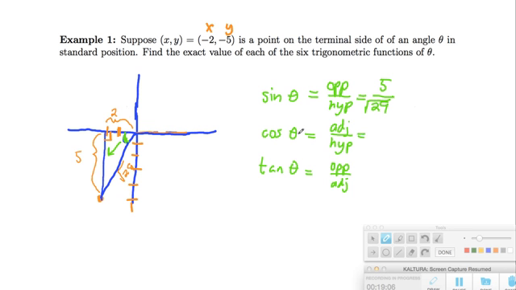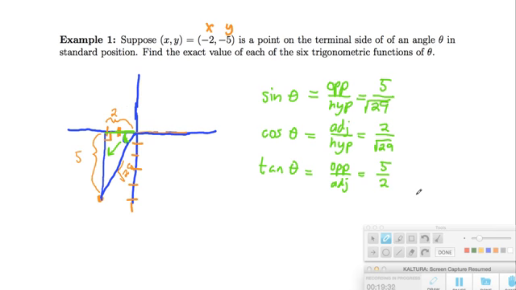For the cosine, remember it's adjacent. The adjacent side that's not the hypotenuse is 2, so 2 over, again, the hypotenuse, square root of 29. And for the tangent, we do opposite, which is 5, over adjacent, which is 2. So we just get 5 halves there.